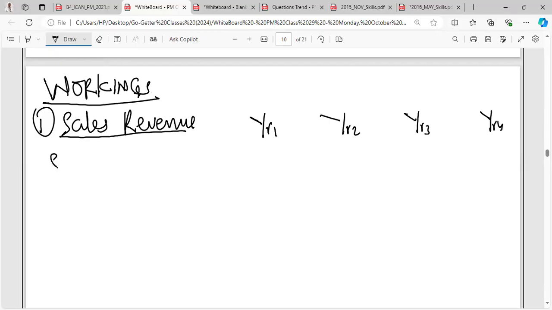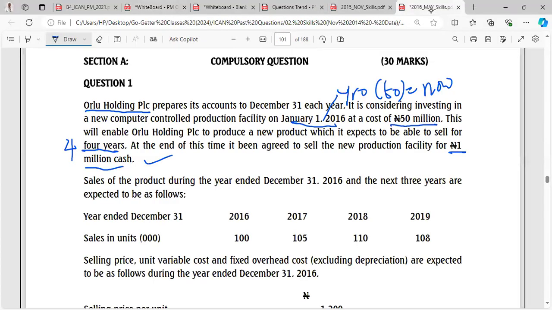So we'll say this is sales units. The sales units here are 100, 105, 110, 108.